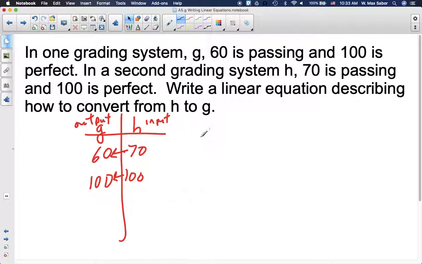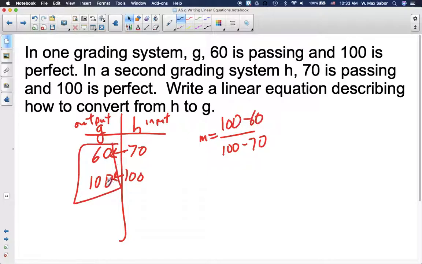Well, we need to find a slope. So we're going to do 100 minus 60 over 100 minus 70. Why am I doing minus 60? Well, because these are our outputs, so this is y2, y1. So 40 over 30 is 4/3. And we can take either point as our data point.